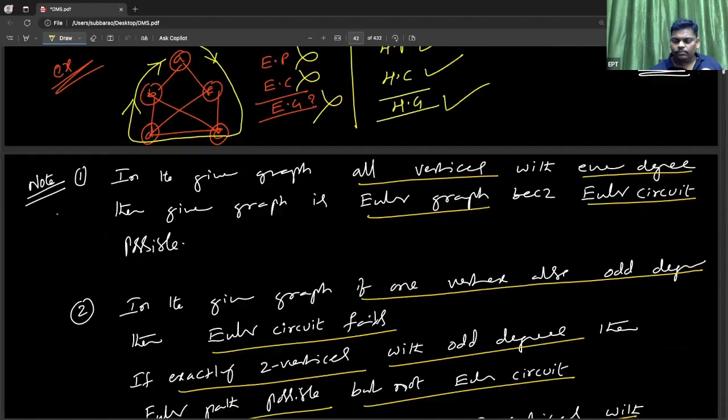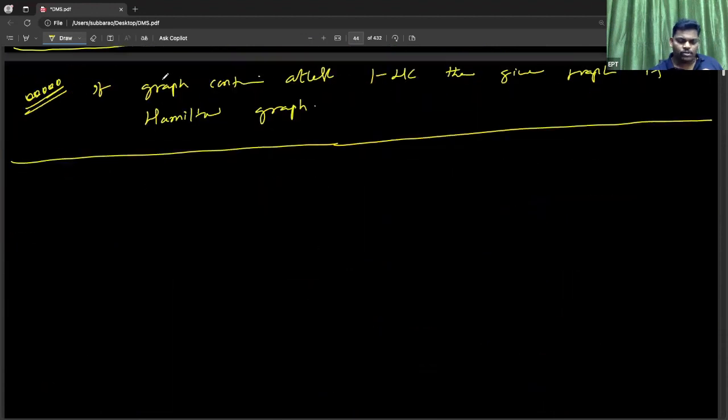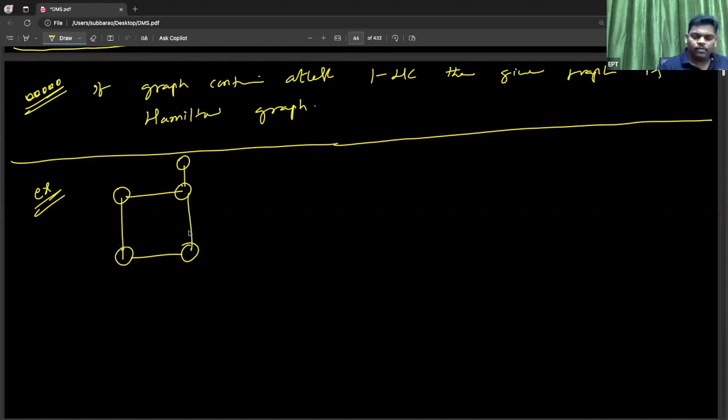Fine. Yeah, come here. I will give some more problems. Can you see this? What about this? I want both the answers. Is it Euler or not? Hamiltonian or not? Verify this. Is it Euler or not? Is it Hamiltonian or not?